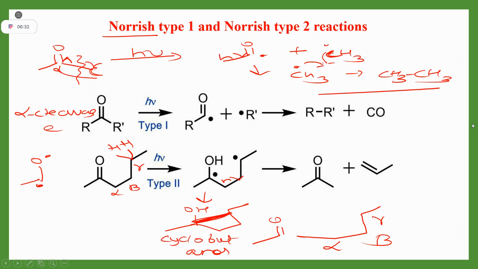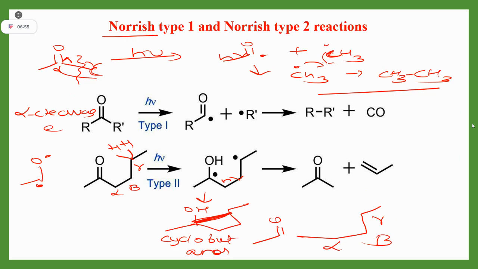So let's have a brief revision of this. In Norrish type 1 reaction, first alpha cleavage will occur, that will result in the formation of radicals. Then CO will leave, okay, and then the remaining radicals will recombine and will form an alkane. This is your Norrish type 1 reaction.